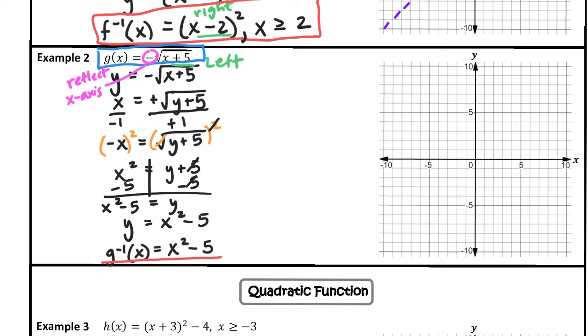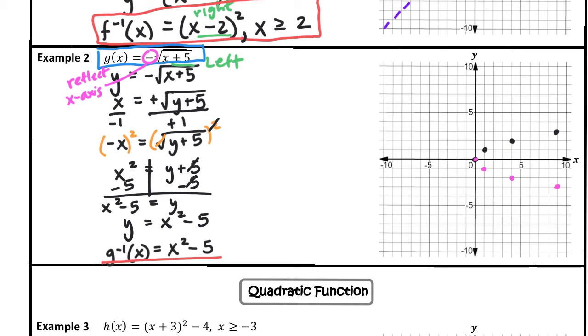And so, let's do it. I'm going to do it in black and then move the points. So the original function has the points 0, 0, 1, 1, 4, 2, and 9, 3. So notice that I'm just graphing the original points in black, but they're going to have to be reflected over the x-axis, so they're going to be reflected this way. And then I have to move them to the left 5 units.